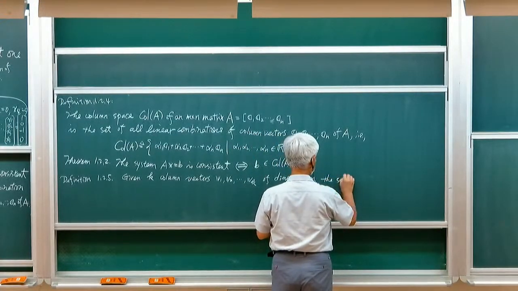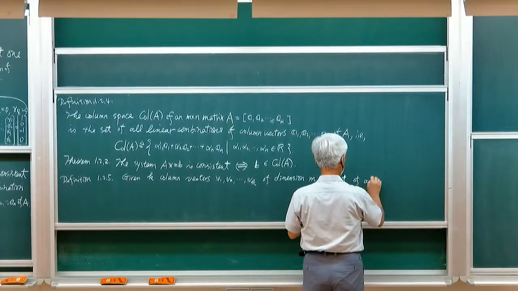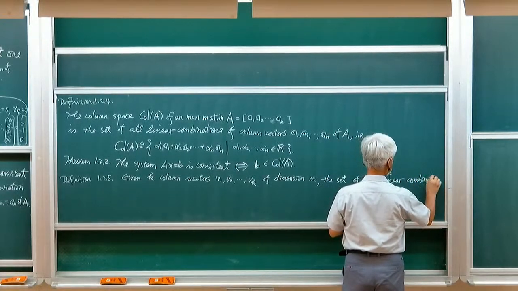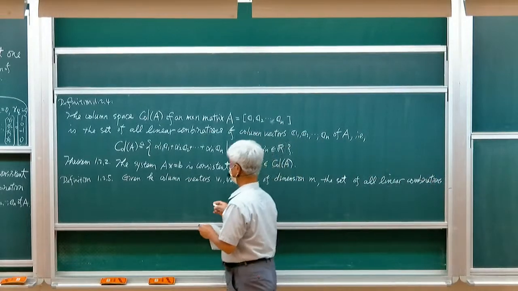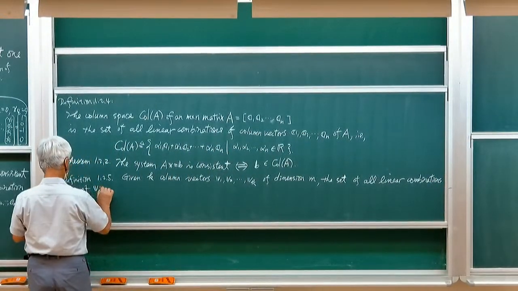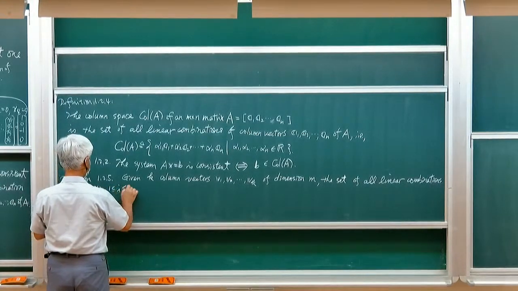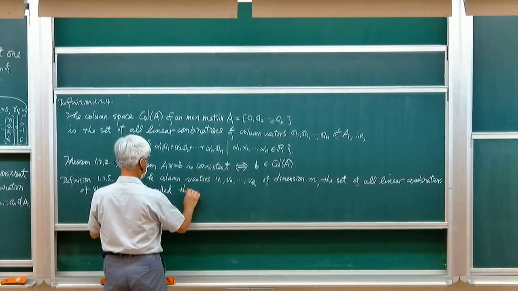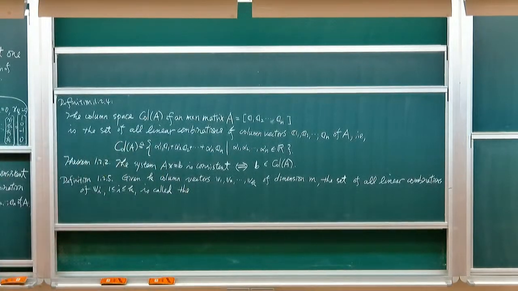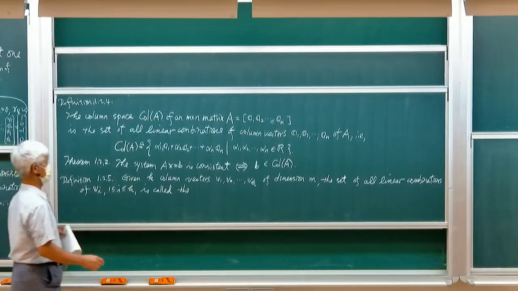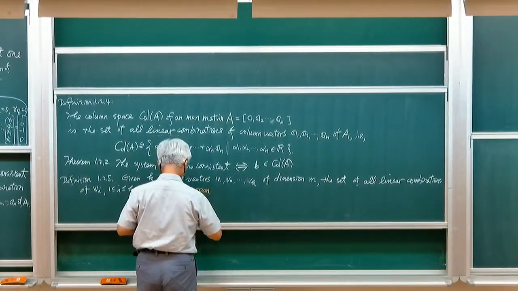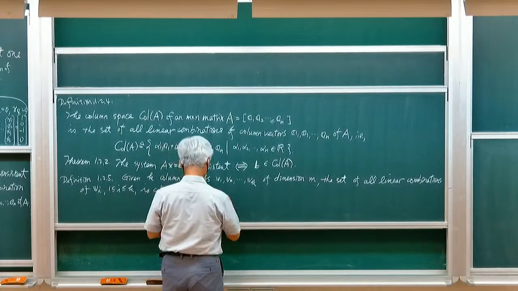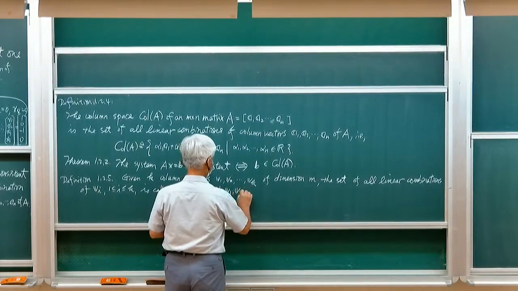Then the set of all linear combinations of Vi, i from 1 to k, is called the span of V1, V2 up to Vk.